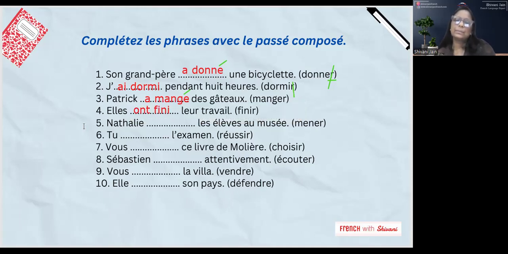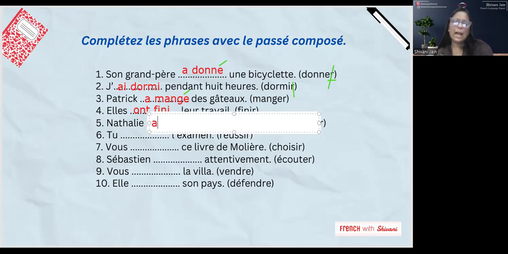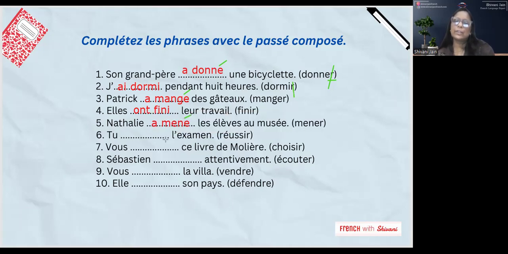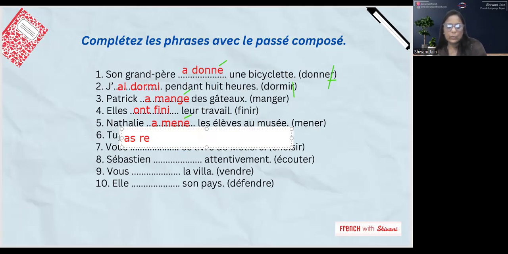Elles ont fini. Plural avoir and fini past participle. Nathalie a monnaie. Again, ER ending, simple. You have to cancel the R and you put accent aigu. IR ending, what do you do? You cancel the R and you're left with the participe passé.